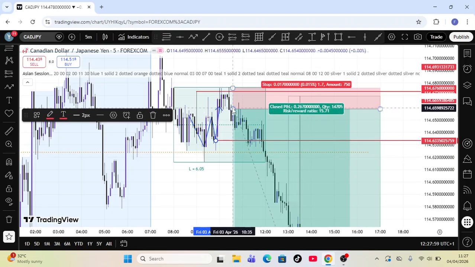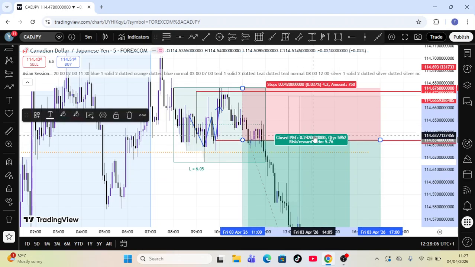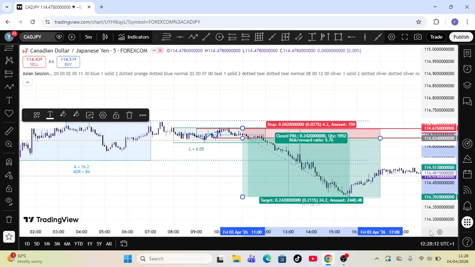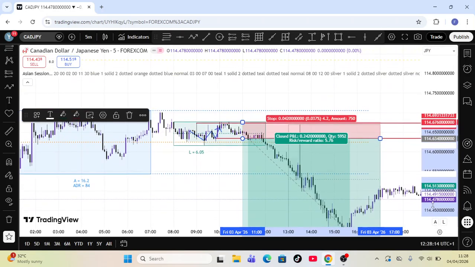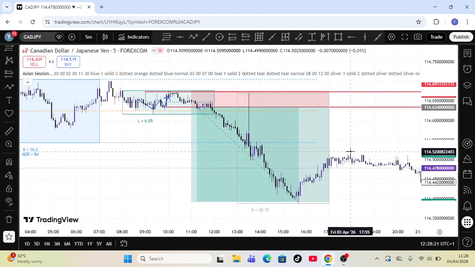Look at the stop loss that you would have. Look at the stop loss. Huge stop loss. Out of 1.5 risk to reward, you would have been having 0.5 risk to reward, and it's also not bad. It is also not bad.